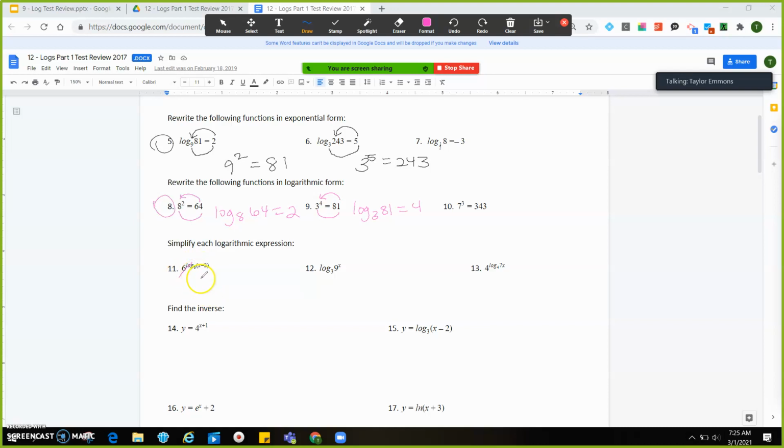So that's going to cancel out. We're just going to bring down the x minus 2. So over here, if I rewrite 9 in terms of 3, look at what happens. I've got log of base 3 of 3 squared. So this will cancel out, and so I'll just be left over with 2x.